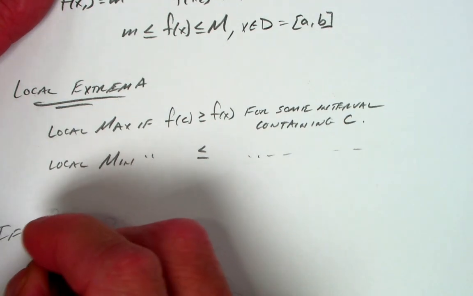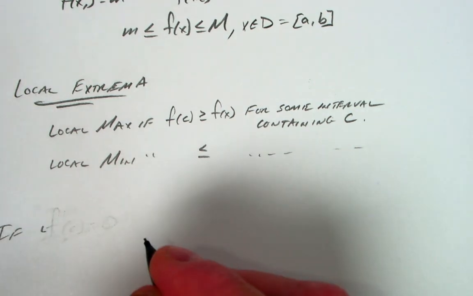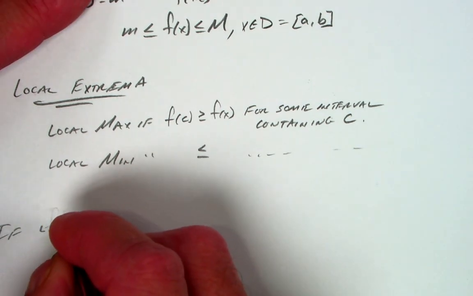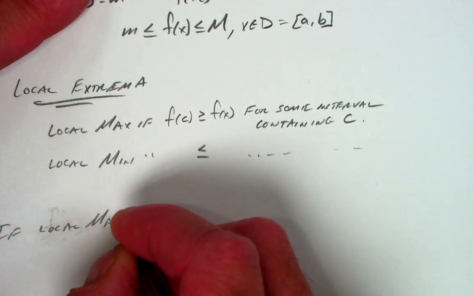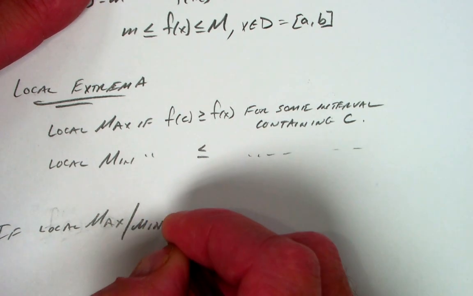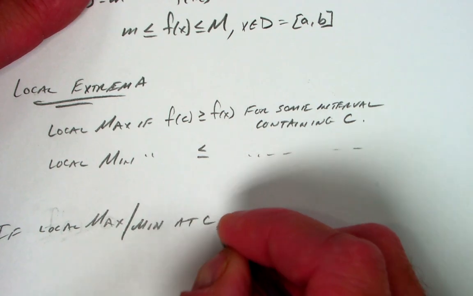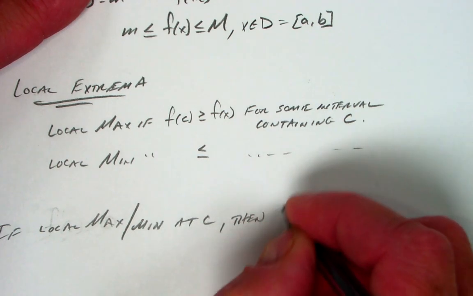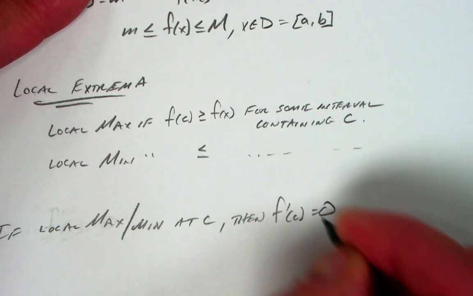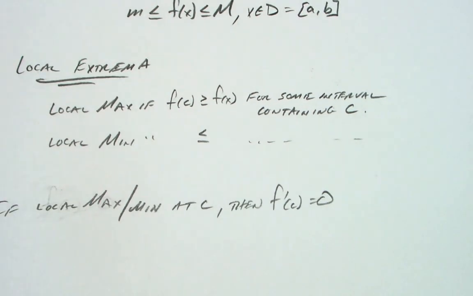If there is a local max or minimum at c, then f prime of c must be 0. For it to have a local max or min, then the slope has got to be 0 at that point. Has to. No other choice.